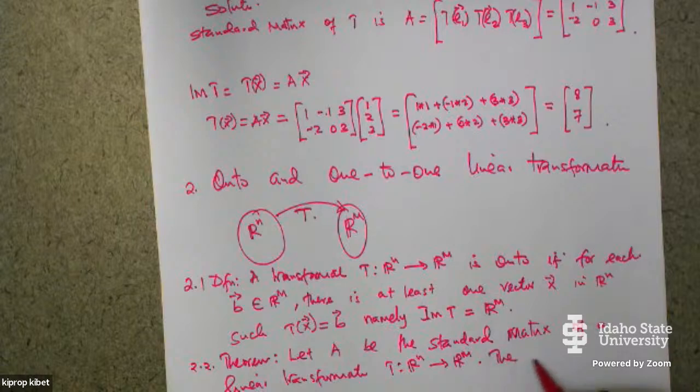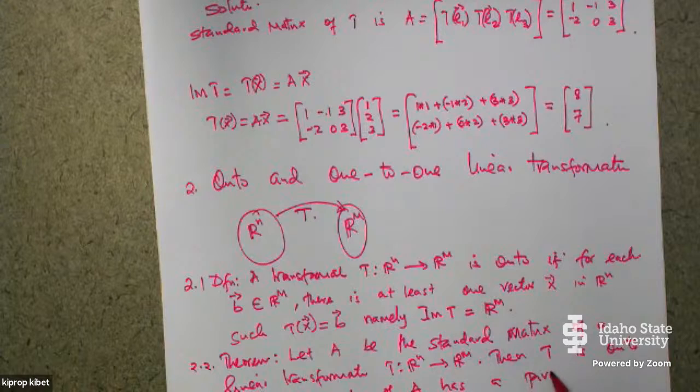Then T is onto if and only if every row of A has a pivot position.